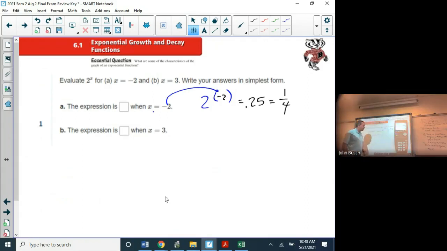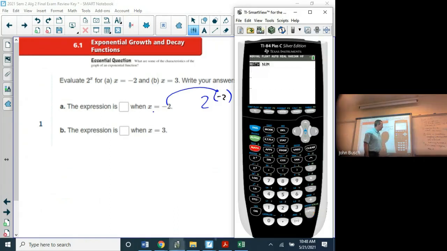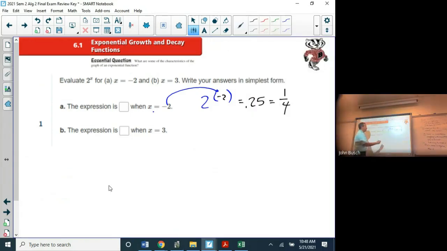You can find the fraction for that if you're interested under math, and then you can change it to frac and get 1/4. And now we do the same thing with 3. 2 to the third power is 2 times 2 times 2, which is 8. Okay, that's not so bad.